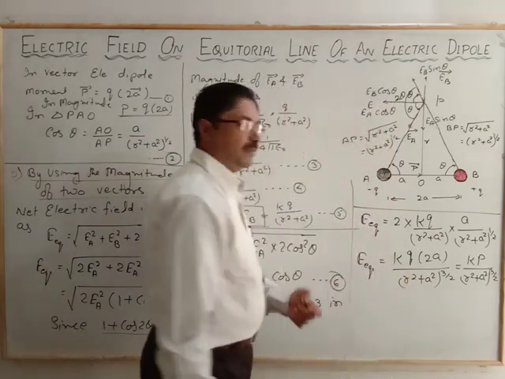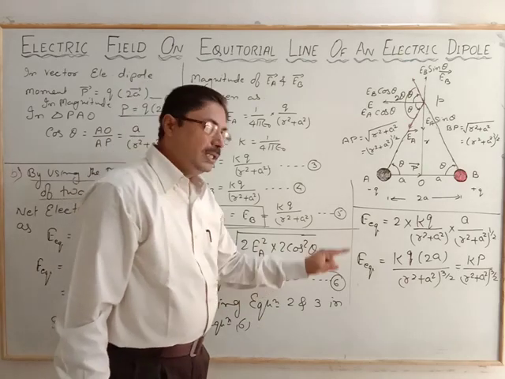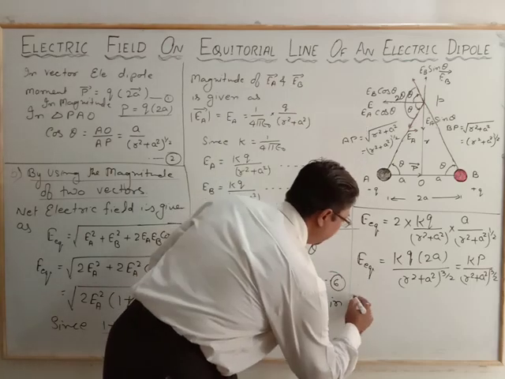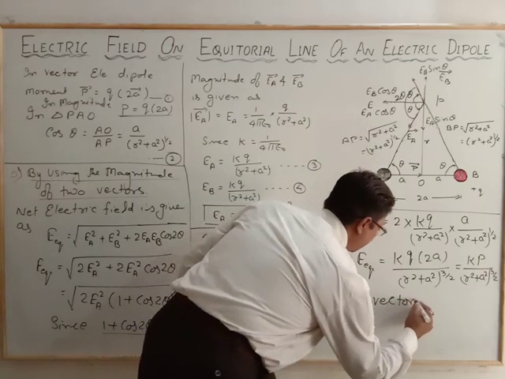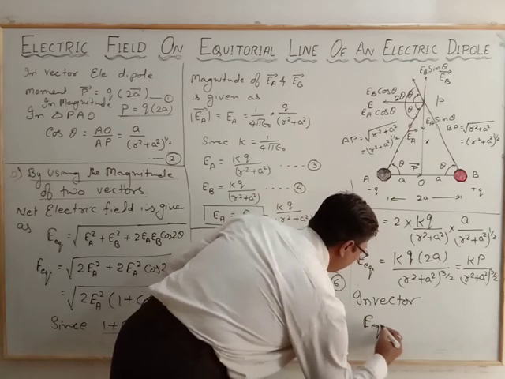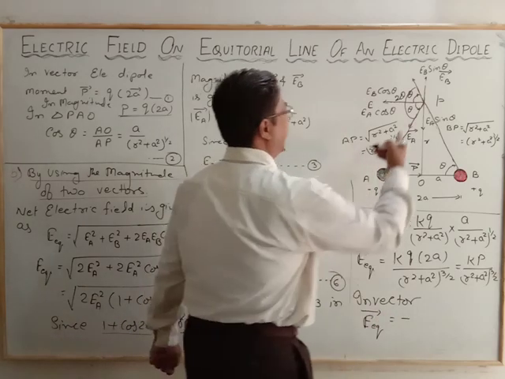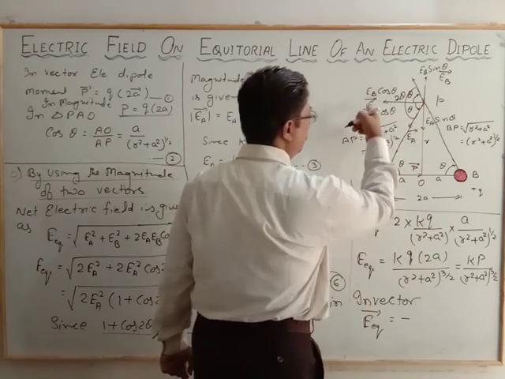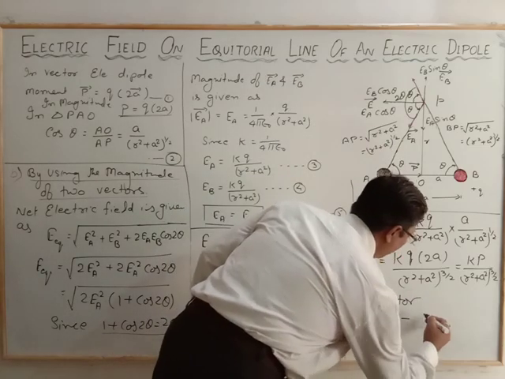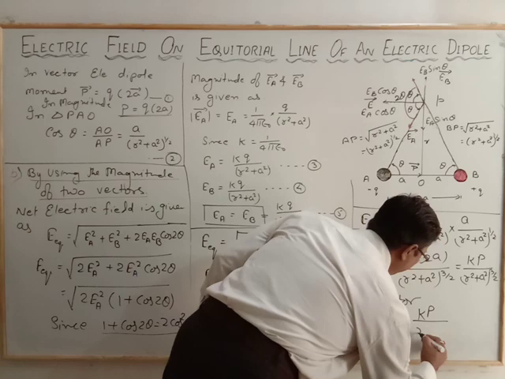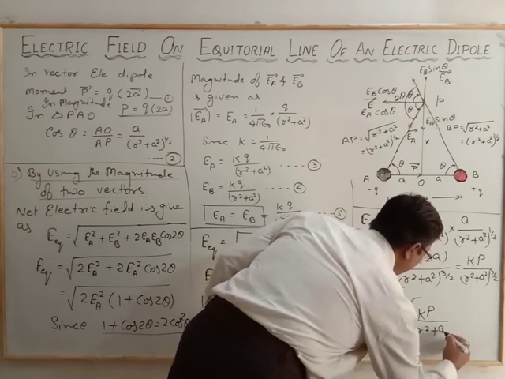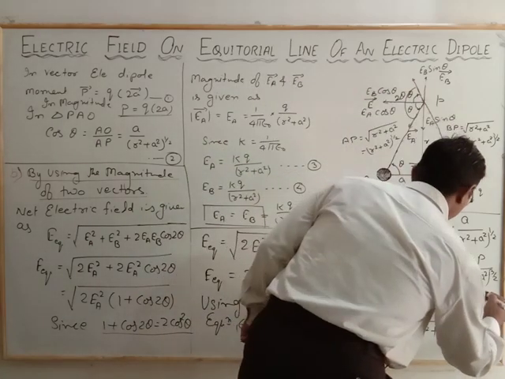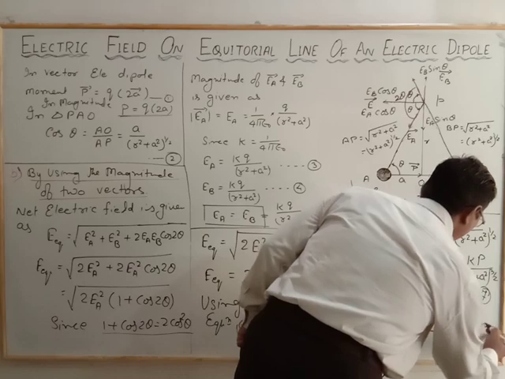That is the same relation we had earlier, and in vector form the electric field vector is equal to negative of the dipole moment, Kp by r square plus a square whole 3 by 2. The electric field vector is opposite to the dipole moment. The same relation we have. This is equation number 7 and this one is equation number 8.